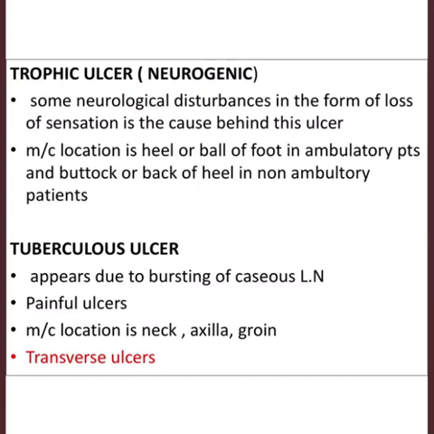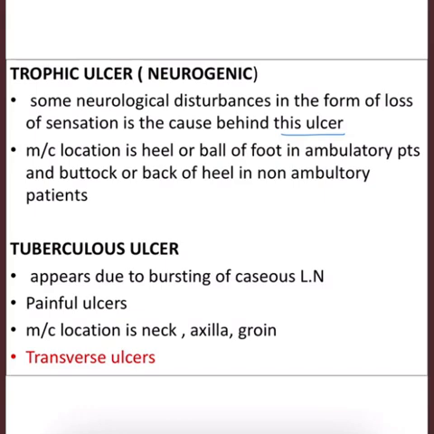Trophic ulcer, as the name suggests, trophic means neurogenic. It's because of some neurological disturbance in the form of loss of sensation. When sensation is lost, the patient can hit a stone and get injured, the patient is not aware of the injury, and it converts into a non-healing ulcer.